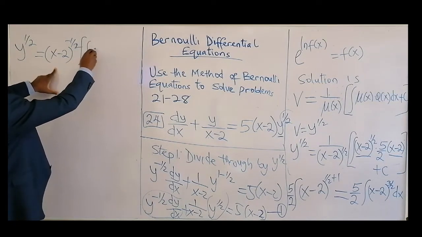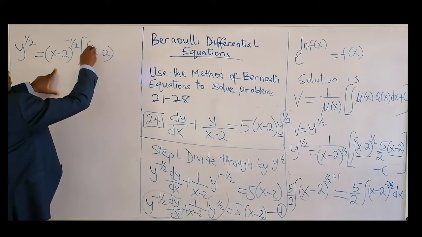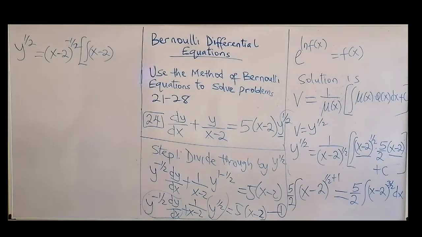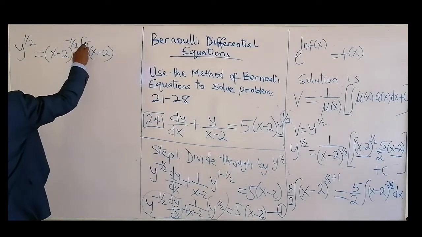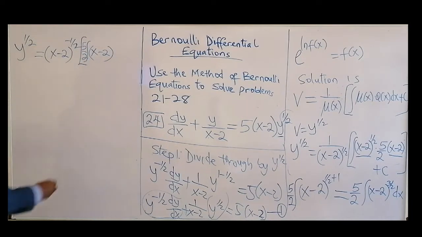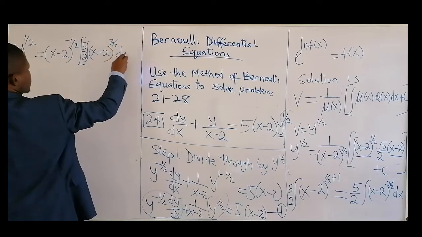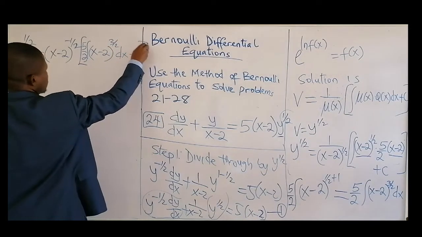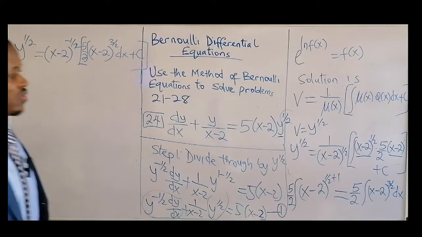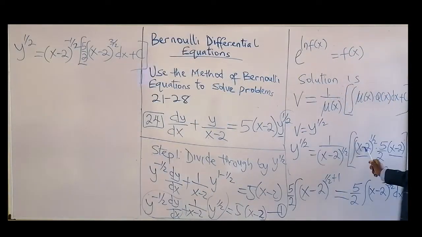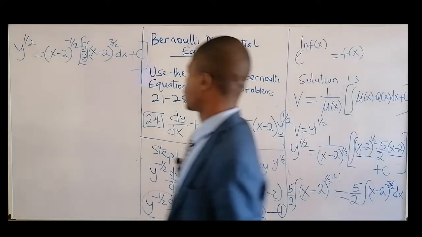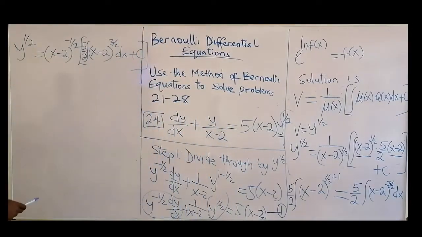That will be the integral of 5 over 2 (x minus 2) to the power 3 over 2 dx, then plus c. If you combine this, that will be (x minus 2) to the power 3 over 2 times 5 over 2, then plus c. So that's what we have here.